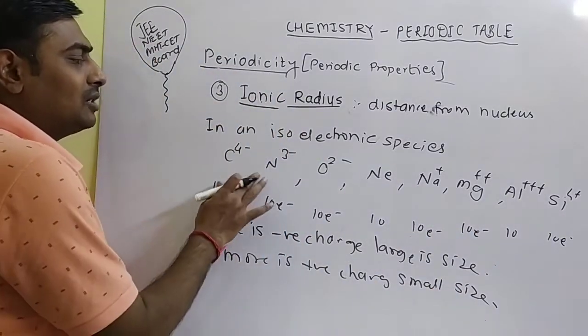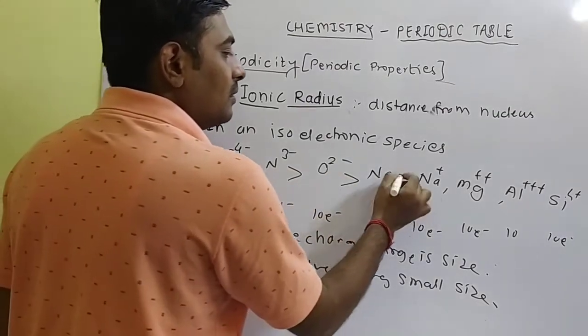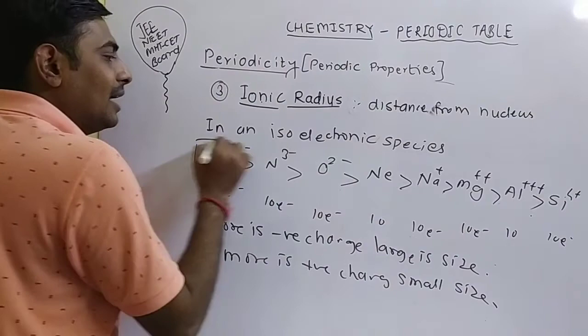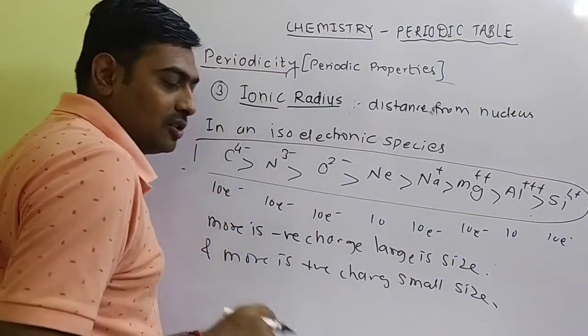So the one with more negative charge is larger. This is your trend in isoelectronic species.